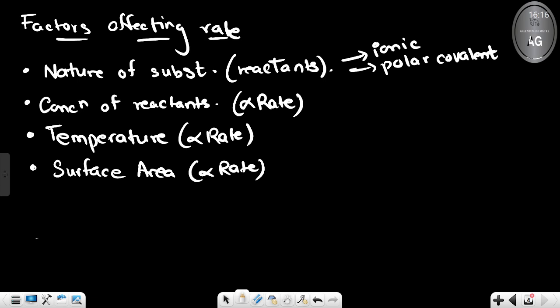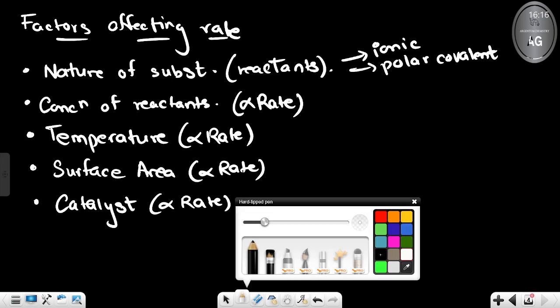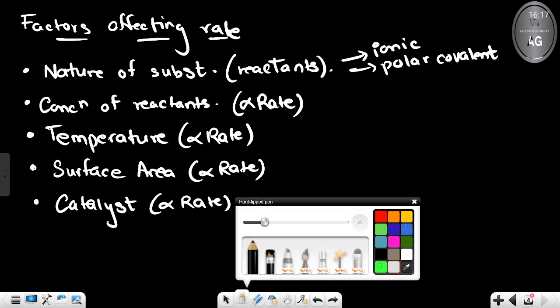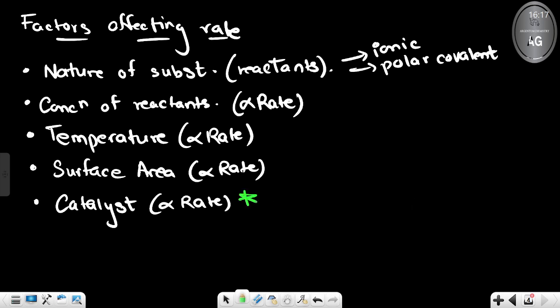Clear? Next comes another very important point, that is catalyst. Catalyst increases the rate. Actually, saying that catalyst increases the rate is wrong because there are some negative catalysts also. So please put a star mark over here and be on alert that all catalysts do not increase the rate.